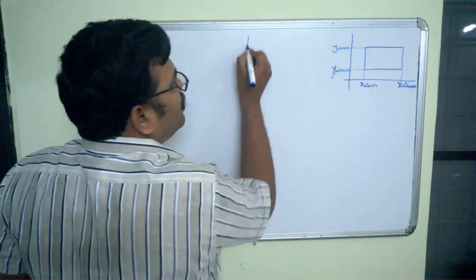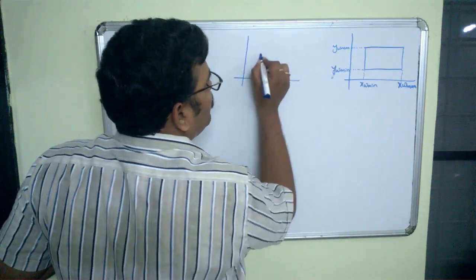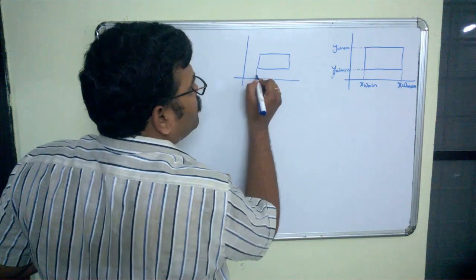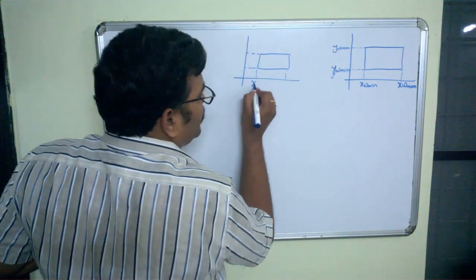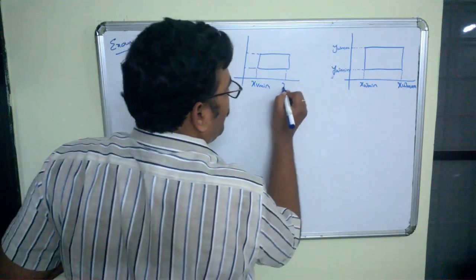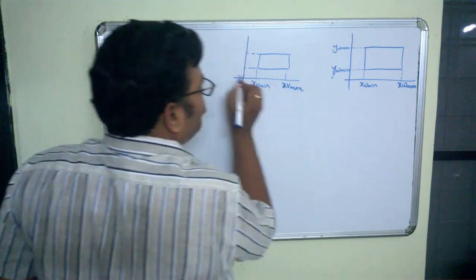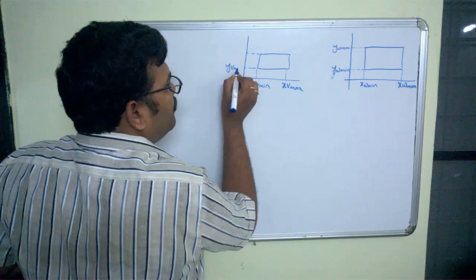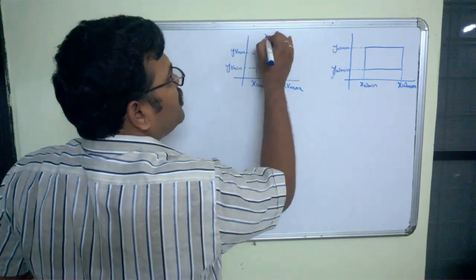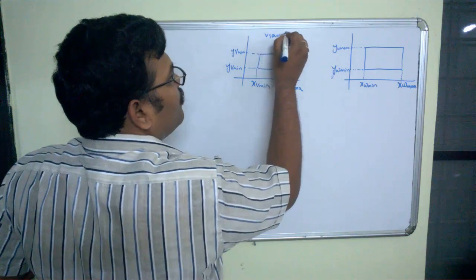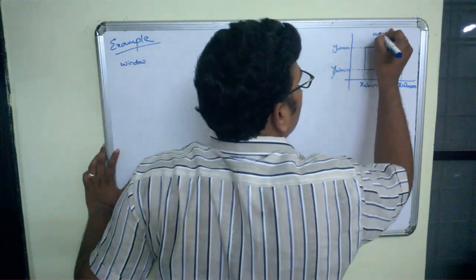So this is a window, and now let us write for the viewport: XV minimum, XV maximum, YV minimum, YV maximum. So this is a viewport and this is a window.